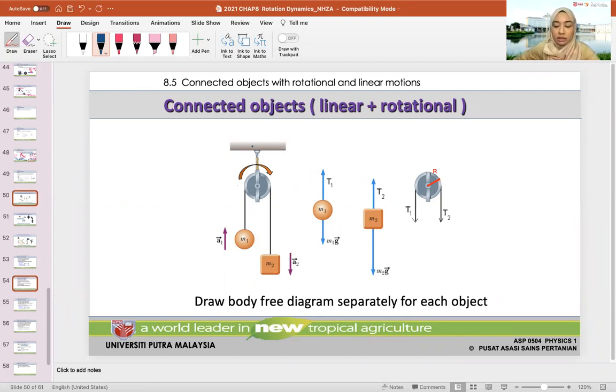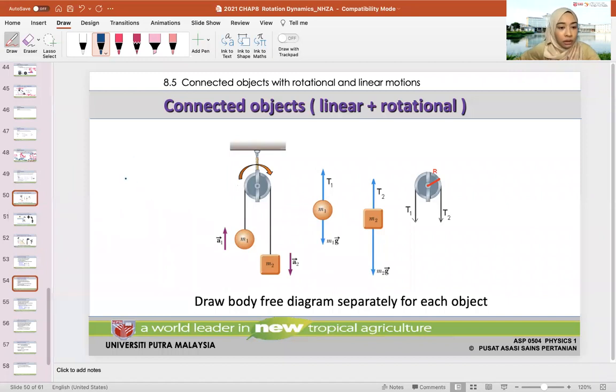When we talked about pulleys, we ignored them. We said, okay, the pulley does not have friction, therefore tension is the same on both sides, so we can ignore them because basically it's the same thing. But now, despite our pulley still being frictionless, it has that rotational motion. And like last time, we ignored rotational motion.